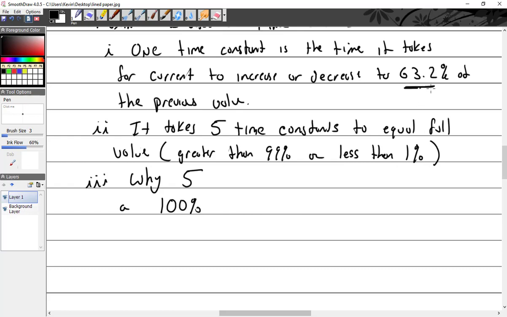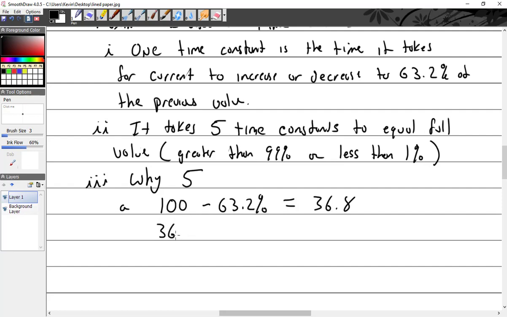If my value is 100 and I subtract 63.2% of that, what do I get? By the way, what is 63.2% of 100? 63.2. So what is left? 36.8. I'm full charged, and I just lost 63.2% of that charge, and I'm left with 36.8.